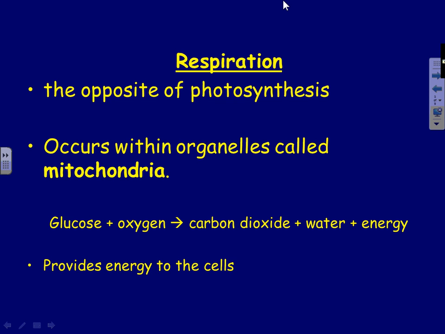So the cells still function as regular cells. Plant cells still have mitochondria. They then take that glucose, convert it back into carbon dioxide and water. That releases the energy, and it provides the energy to the cells.